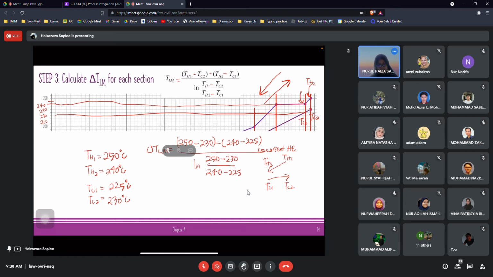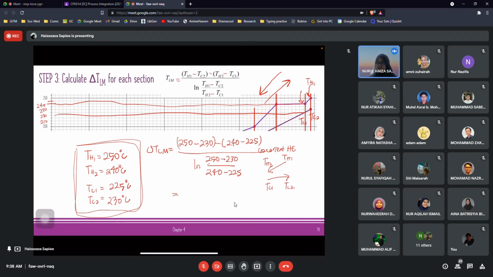Okay. So you should get berapa delta TLM? So basically make sure adalah value ni. So senang untuk kita dapat dia punya value delta T. Nak mean temperature difference kan.